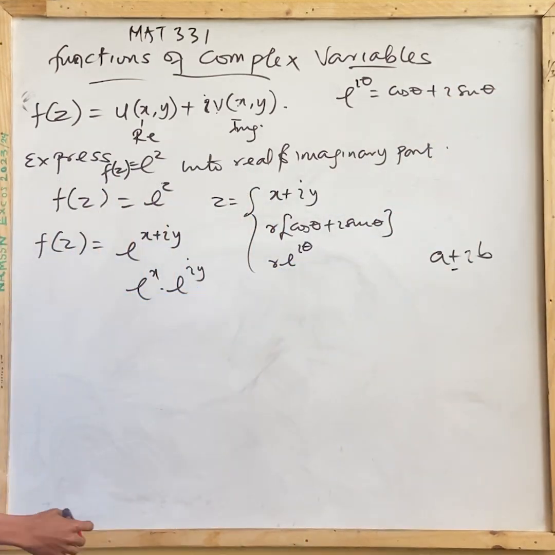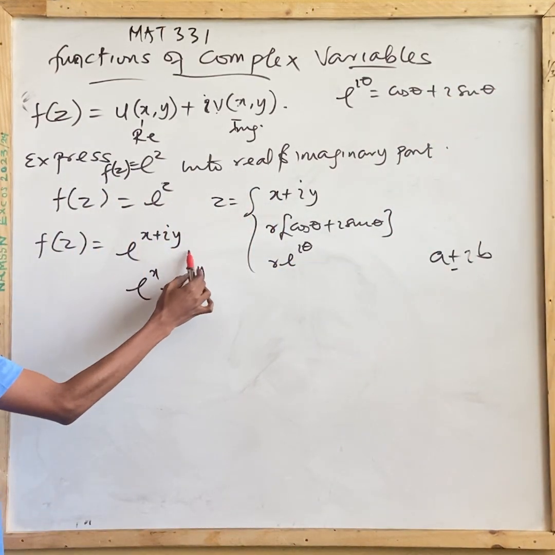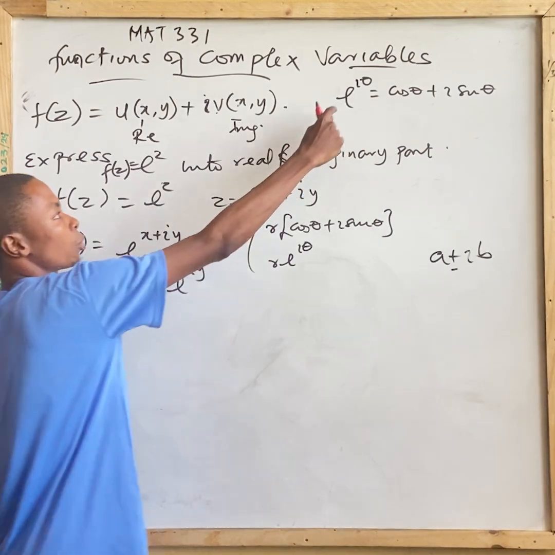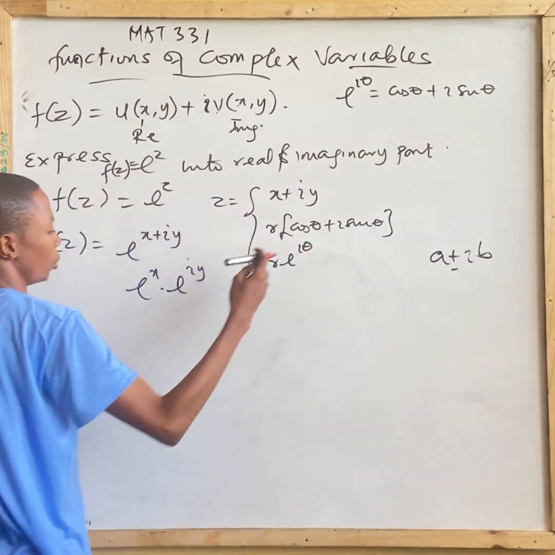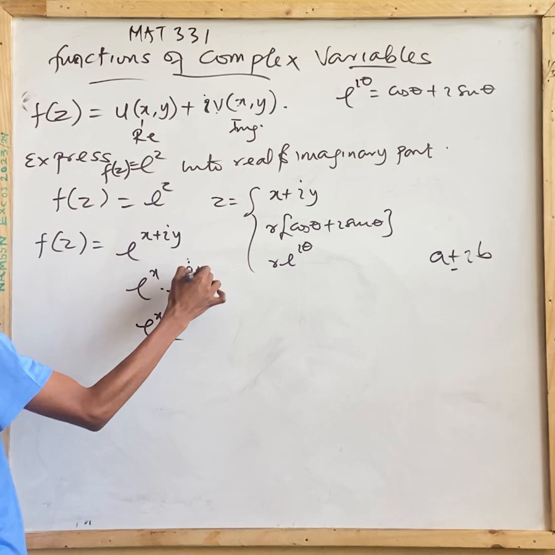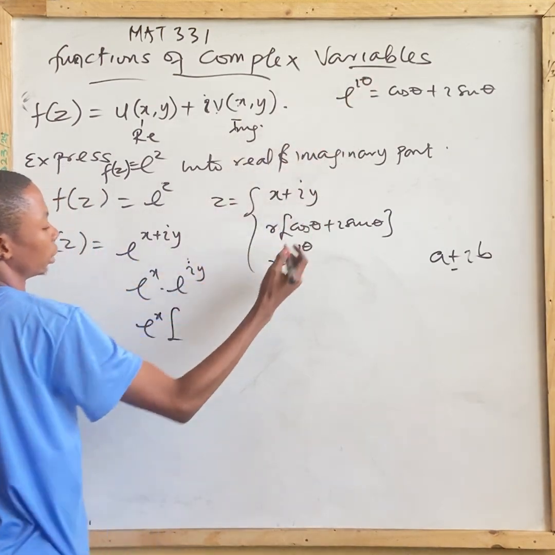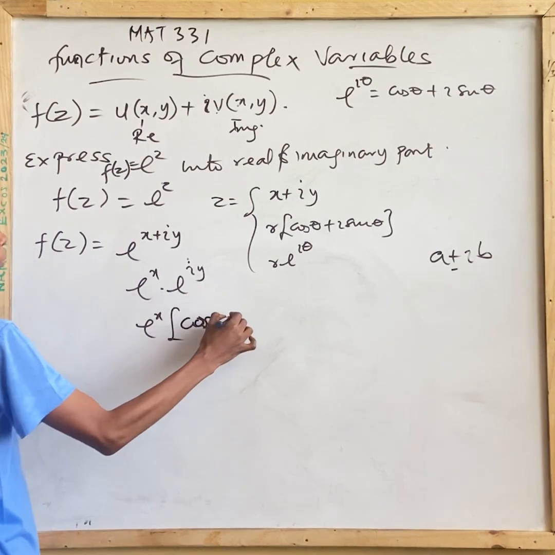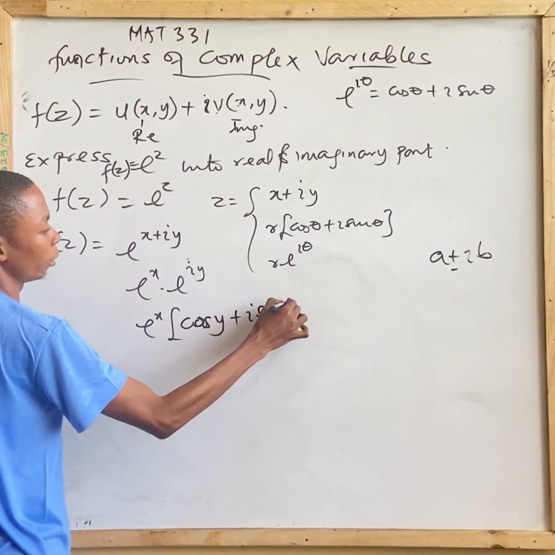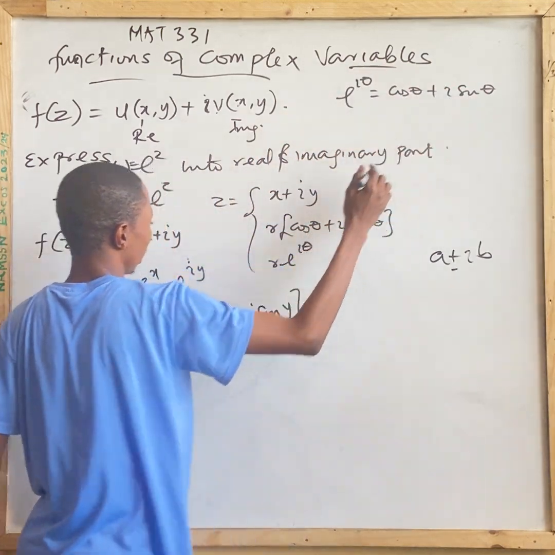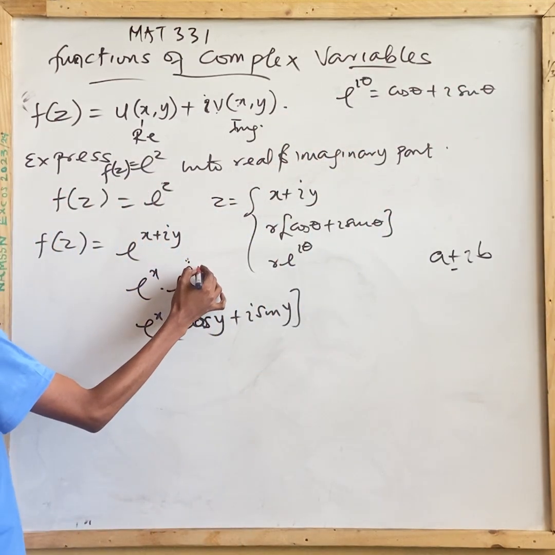So here I have e raised to power iy. If I express this in terms of e raised to power i theta, we are going to have e raised to power x into bracket cos y plus i sin y, because e raised to power i theta is cos theta plus i sin theta; here y represents theta.